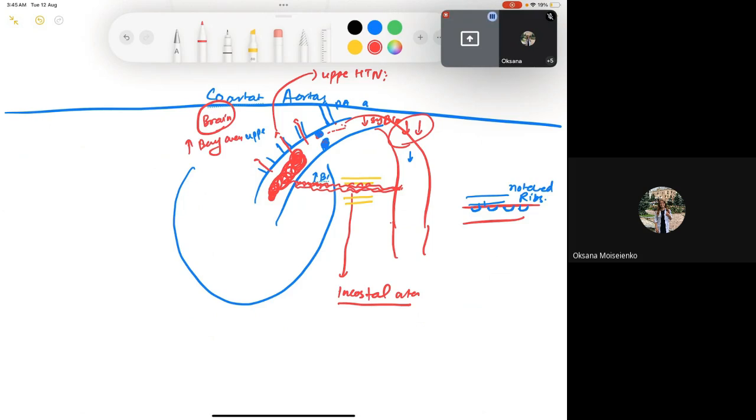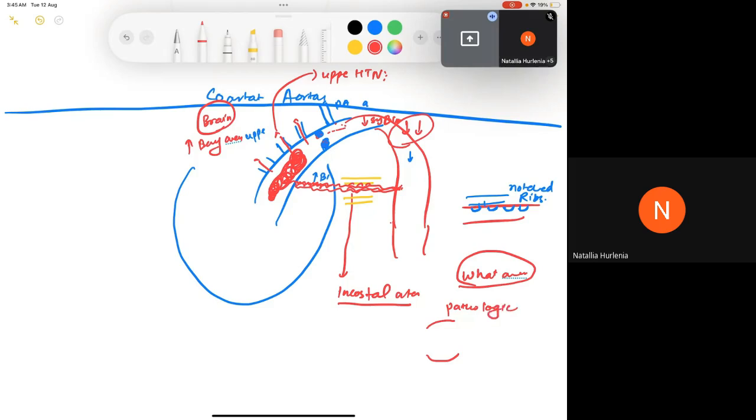What is an aneurysm, by the way? An aneurysm is a widening of the aorta. Perfect. Not only the aorta, it can be any area. It's a pathological dilatation of your blood vessel, right?